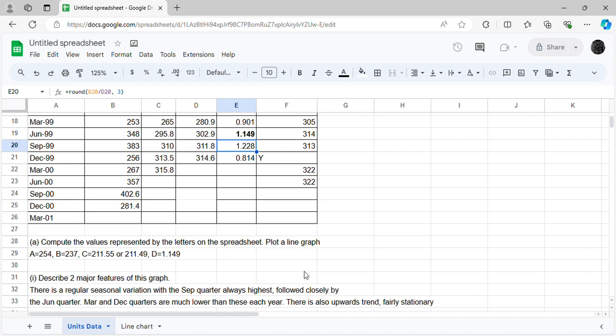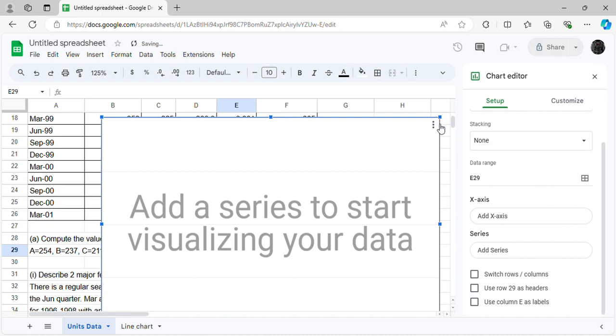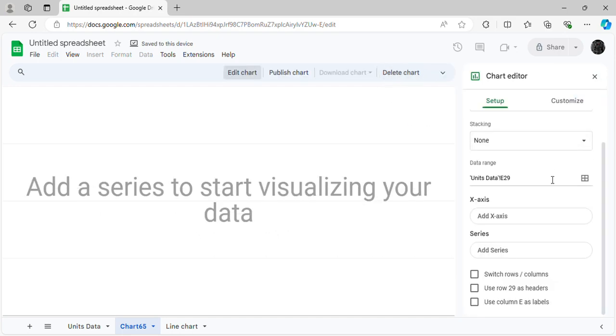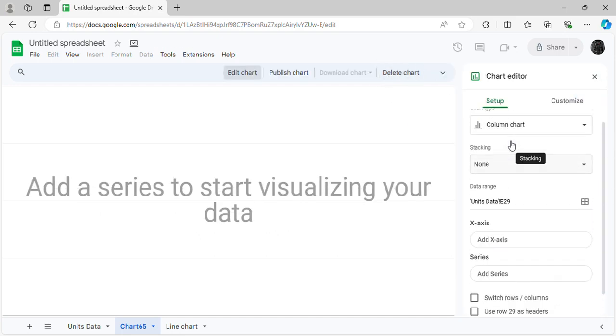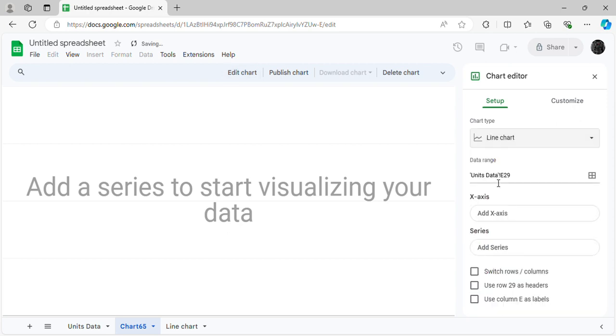Okay, now we plot a line graph. So click on Insert, click on Chart. Let's move this chart to its own sheet. Let's edit the chart. So we want a straight line chart.